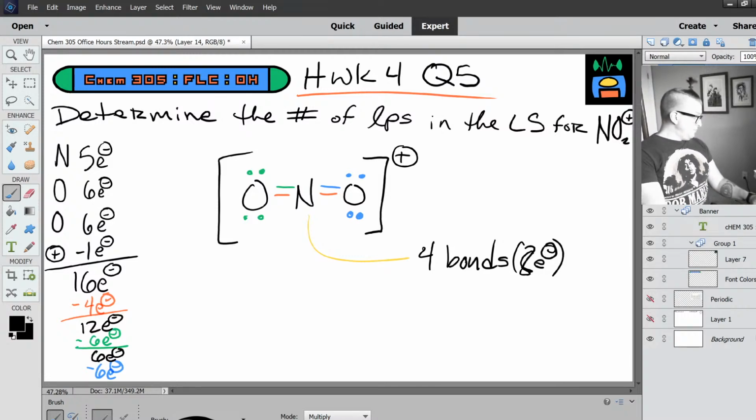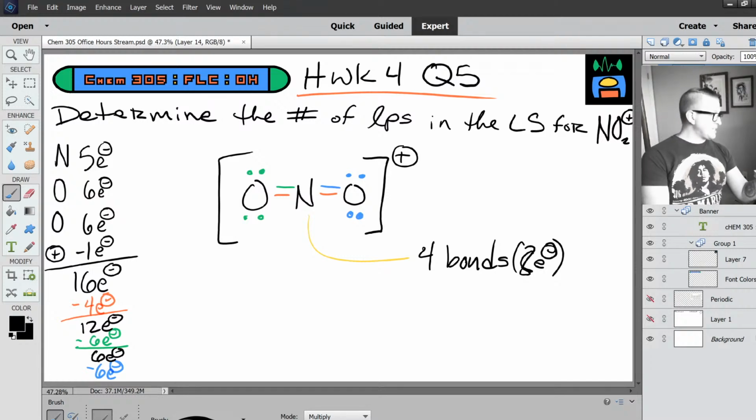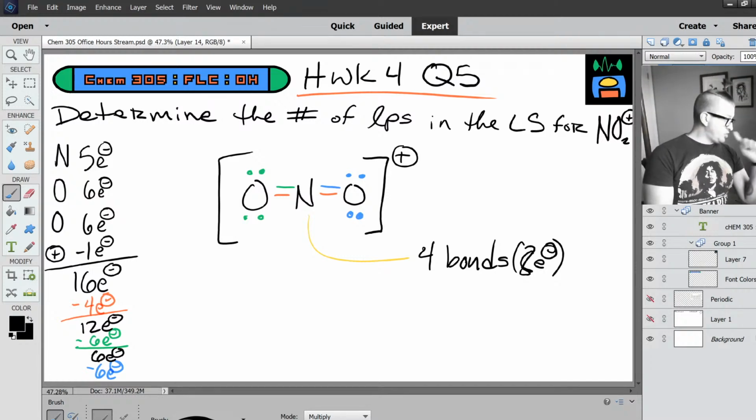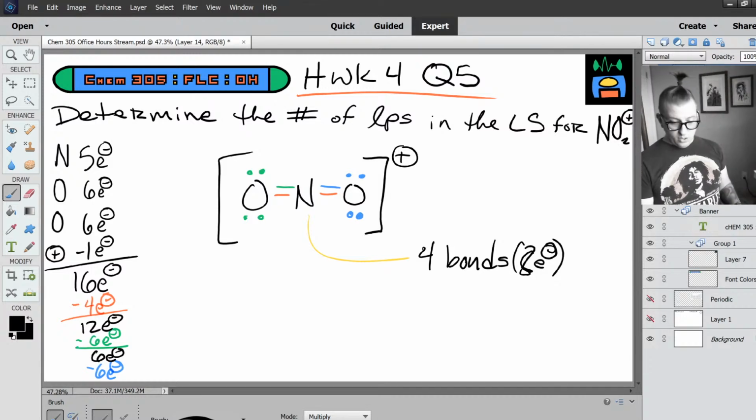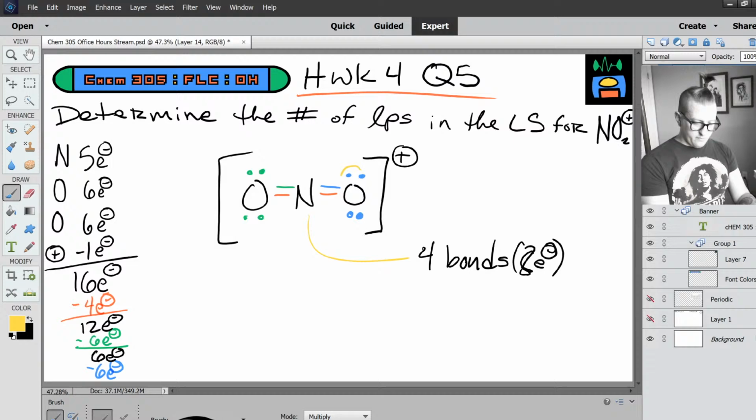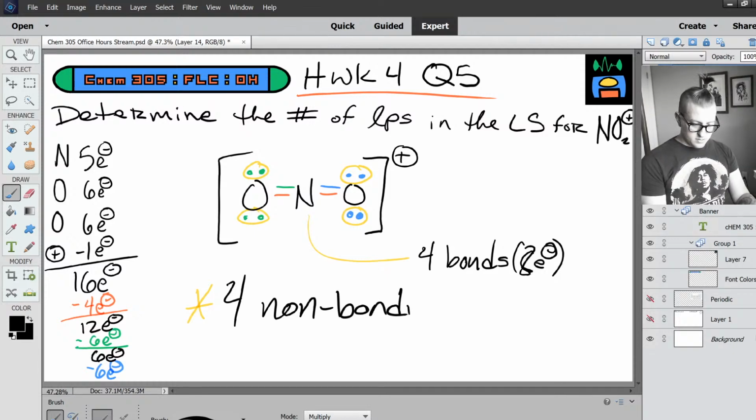Now, what this problem asks us is to determine the number of non-bonded lone pairs in NO2, and here we have 1, 2, 3, 4. So there are 4 non-bonding lone pairs in this molecule.